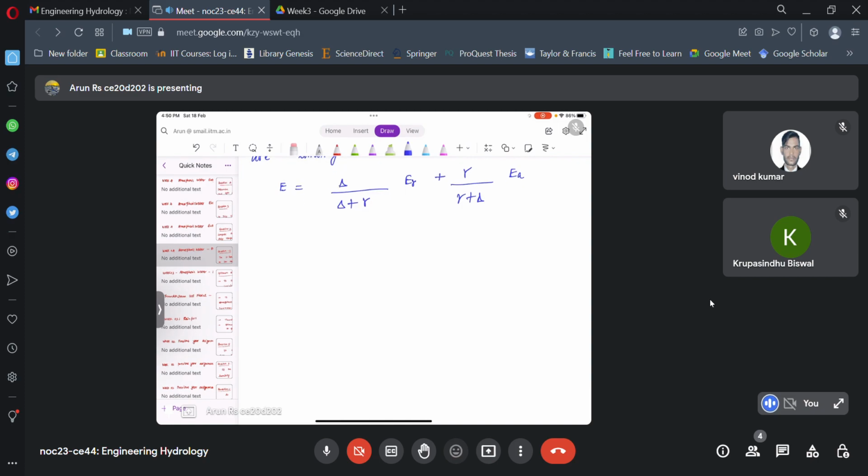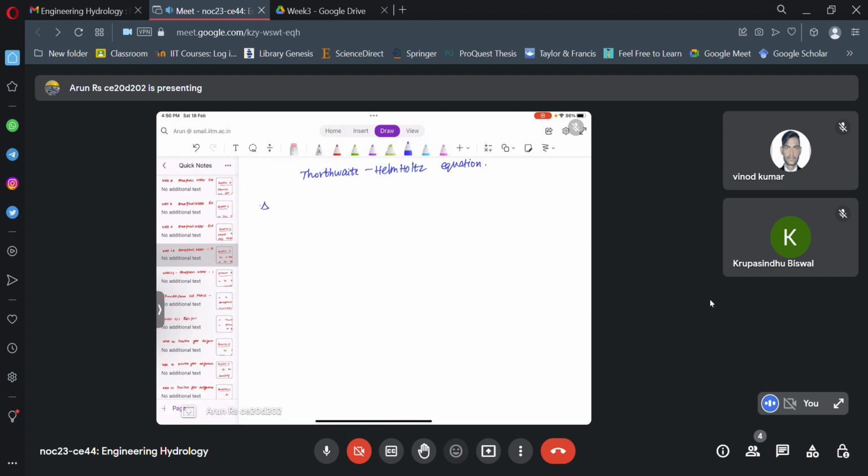So this equation is known as the Thornton-Helmholtz equation.